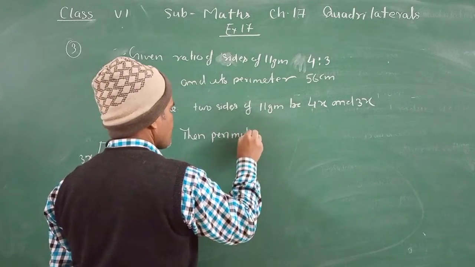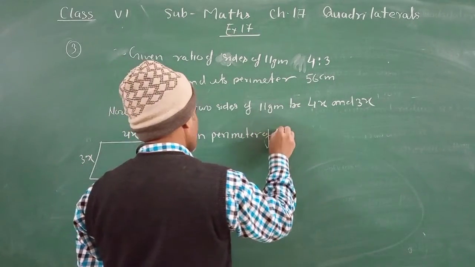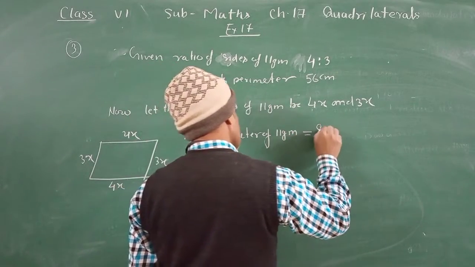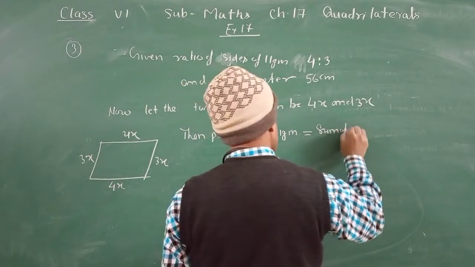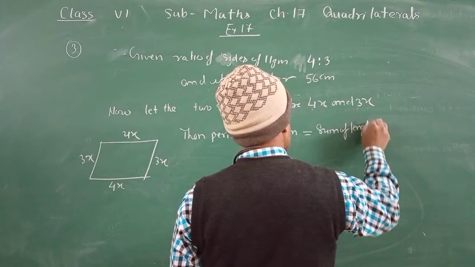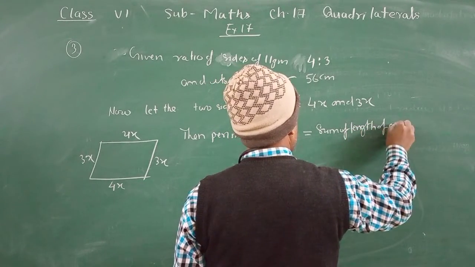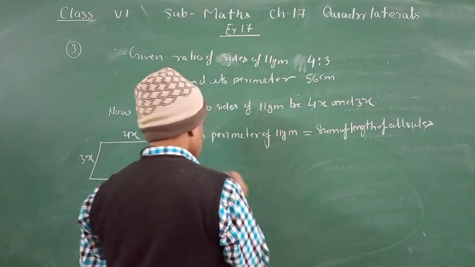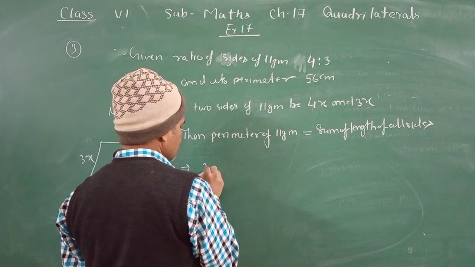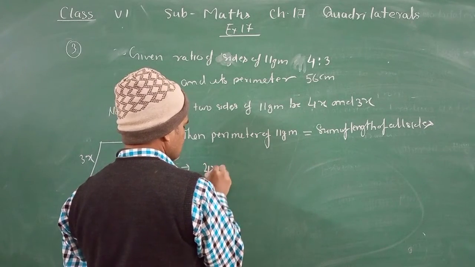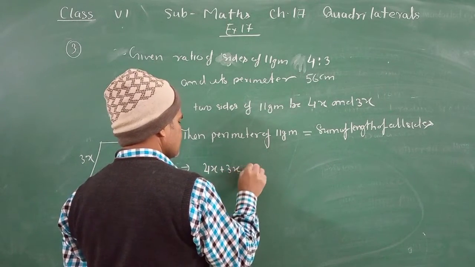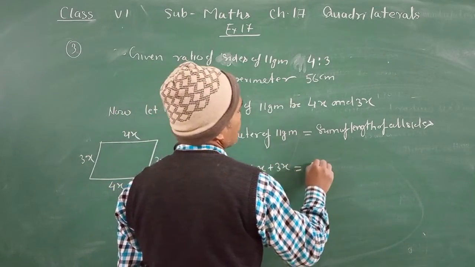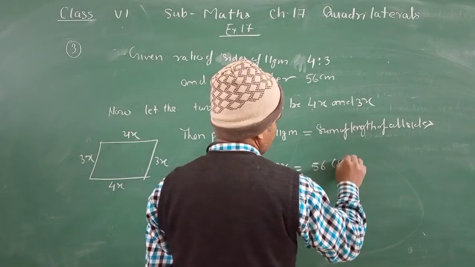Perimeter of the parallelogram is equal to the sum of the length of all sides, which implies 4x plus 3x plus 4x plus 3x is equal to 56, given.